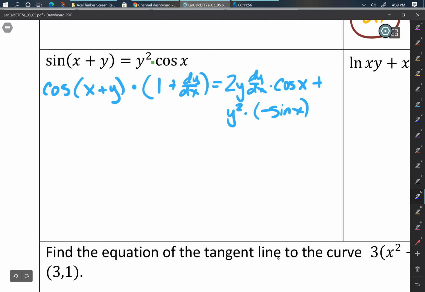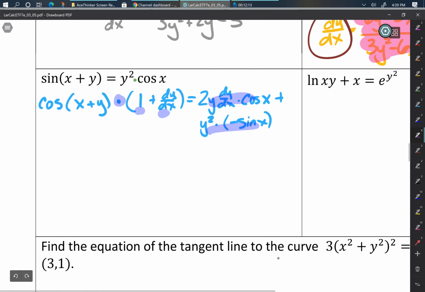Let's see, technically this left-hand side is 2 terms because of this multiplication right here times this binomial. So this multiplication times this binomial makes that left-hand side 2 terms, and the right-hand side is 2 terms. So let's distribute, clean up, write this thing a little more nicely and see what we got here.